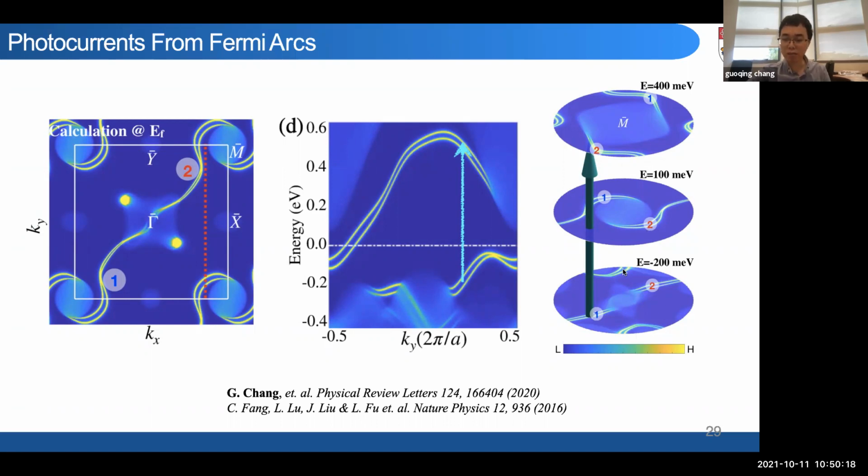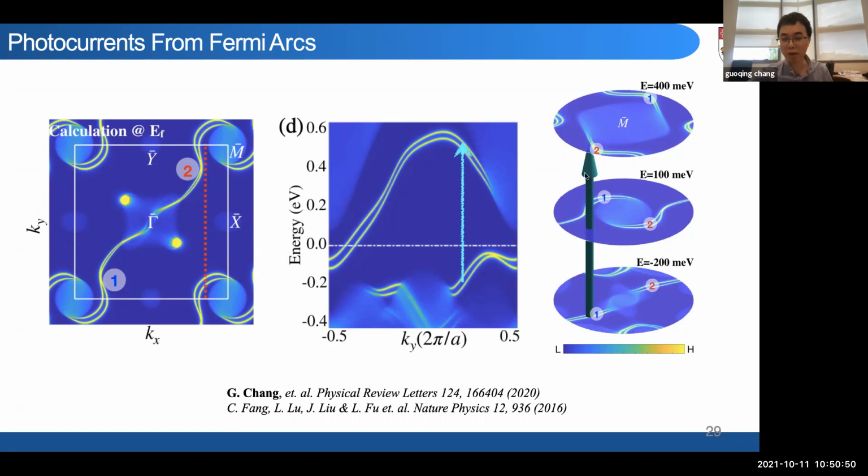From 200 meV below the Fermi level to 200 meV or 400 meV above the Fermi level, you can see Fermi arcs 1 and 2 swap position due to the spiral structure, which allows us to transfer electrons from Fermi arc 1 to Fermi arc 2. Now we know there's an optical channel which allows us to make full use of this photocurrent.